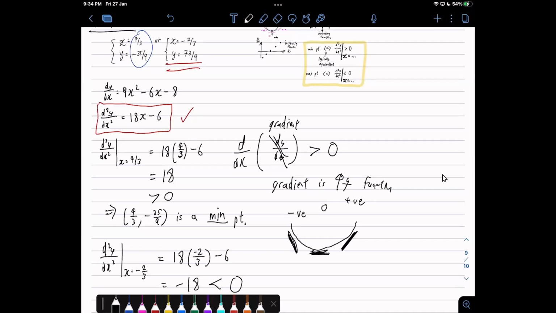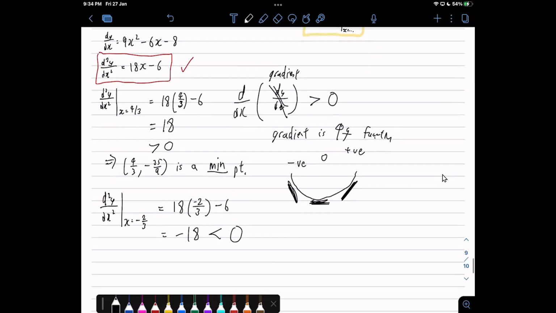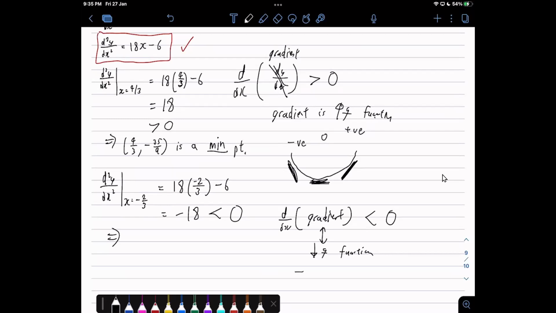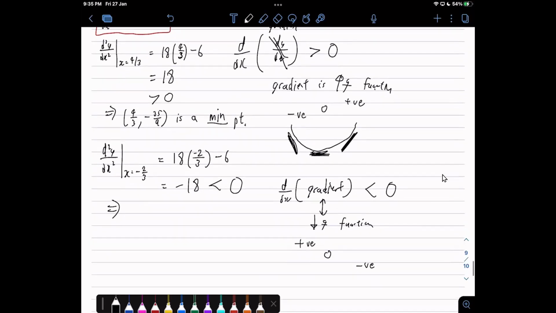Less than 0. Less than 0 means what? A decreasing function, the gradient function. Less than 0 means that this guy is a decreasing function. Decreasing means what? Gradient is dropping from positive to 0 to negative. But the gradient of what? Gradient of a tangent line at points to the curve as x increases.